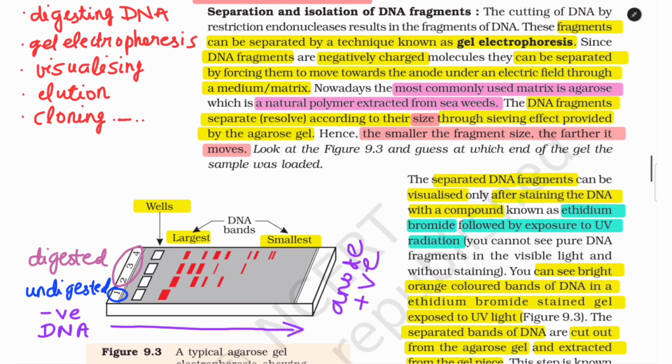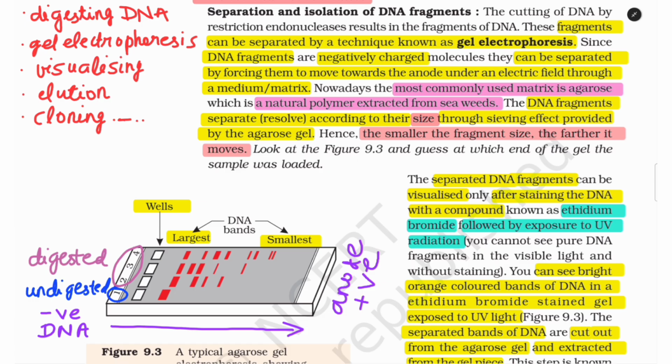Next topic is separation and isolation of DNA fragments. The cutting of DNA by restriction endonucleases results in the fragments of DNA. These fragments can be separated by a technique known as gel electrophoresis. Since DNA fragments are negatively charged molecules due to phosphate groups, they can be separated by forcing them to move towards the anode, which is the positive electrode, under an electric field through a medium or matrix.